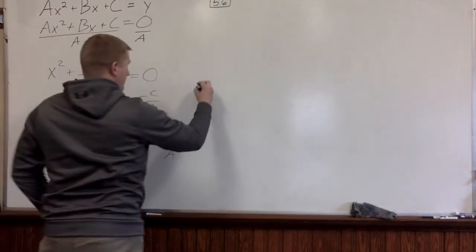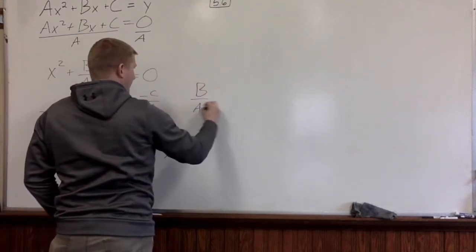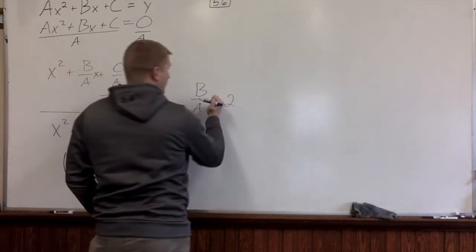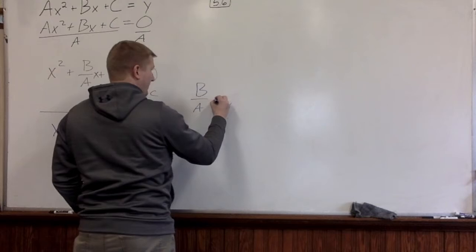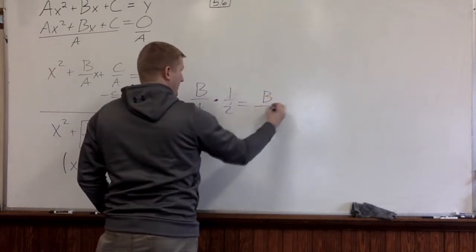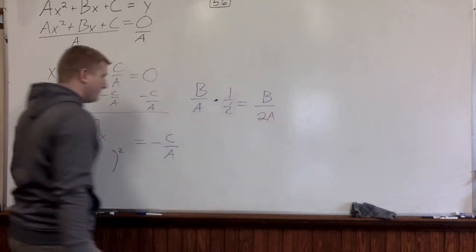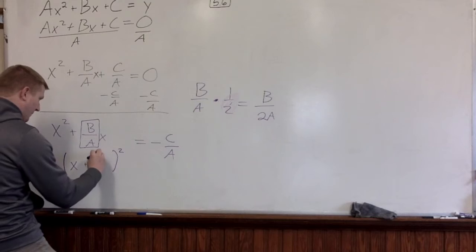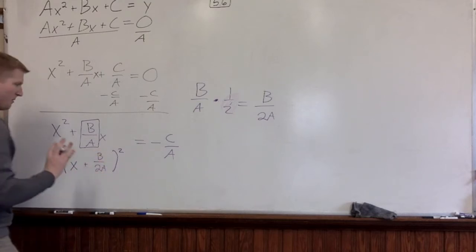All right, well, what is b over a divided by 2? Well, it's the same thing as times 1/2, so we just get b over 2a. All right, so I'm going to take half of b over a, and we end up with b over 2a. But I'm not done yet.